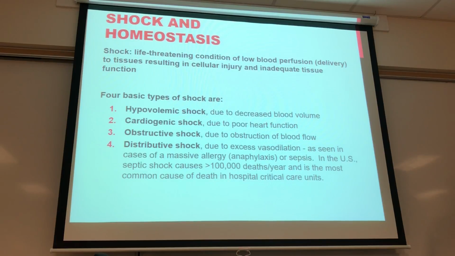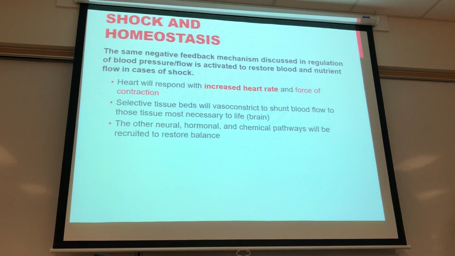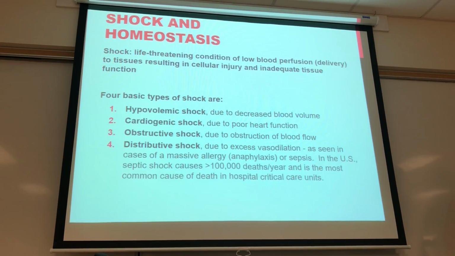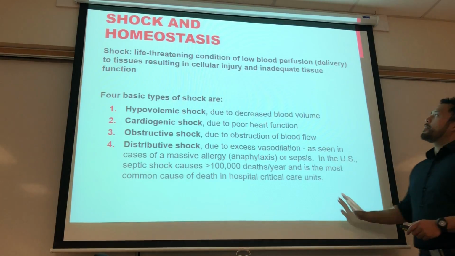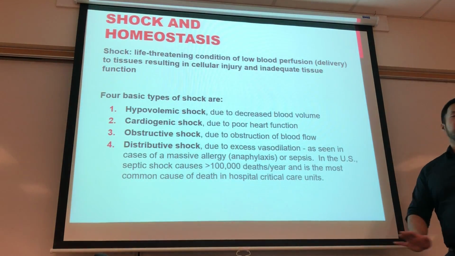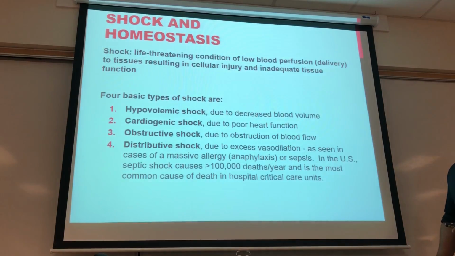The last concept that we'll talk about in the next couple slides is the concept of shock. So all we've been talking about that have been leading up to this point is the extreme version of where now we have extremely low blood pressure that would result in less perfusion of our tissue beds.